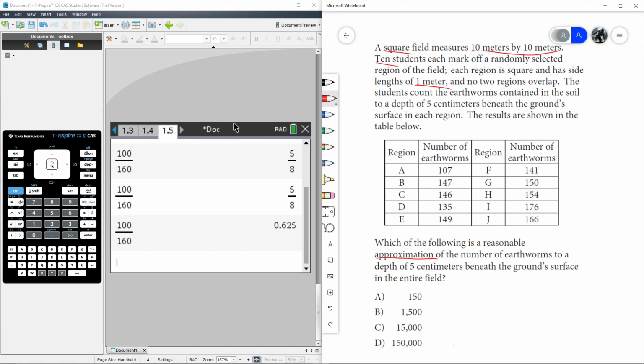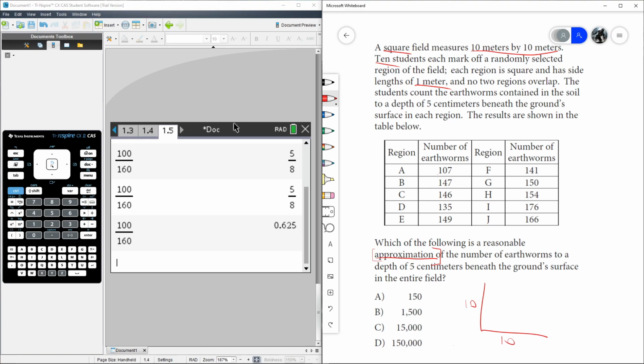So in this case, if we look at the answer choices, these each vary by a factor of 10. And so as a result, this is, as I mentioned in the question, an approximation. This is important because it means that we don't actually have to get the exact values. So as you can see over here, these are the values that were recorded for 1 by 1 meter squares. The actual field is 10 by 10 meters.